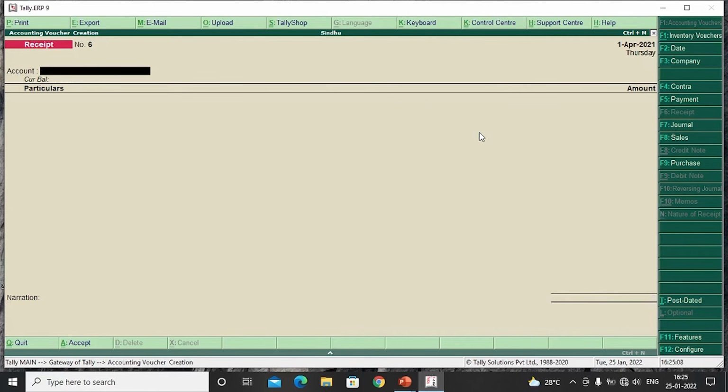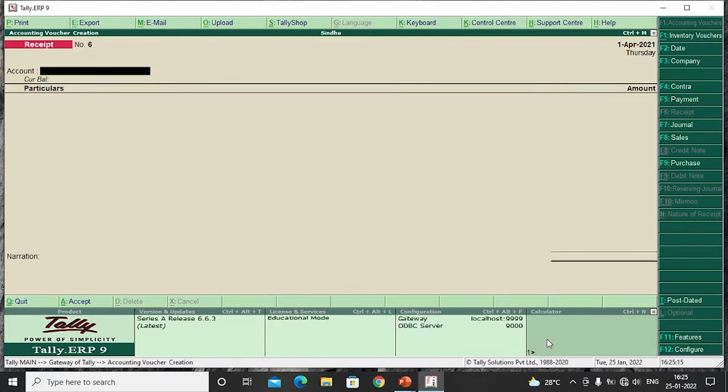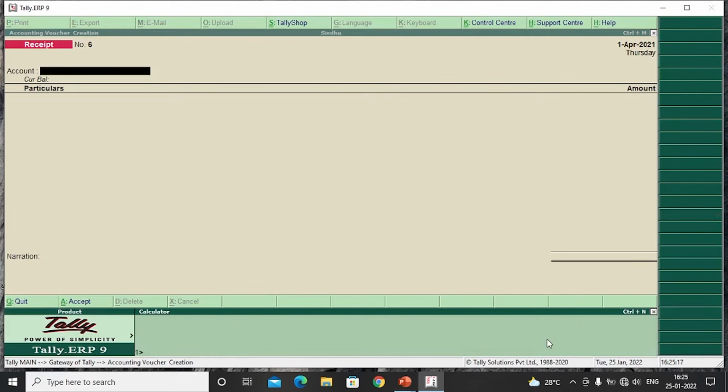Mobile was sold at 60% profit. In Tally there is also a calculator, so you can calculate here. Mobile was sold at 60% profit and the amount of mobile is 15,000.